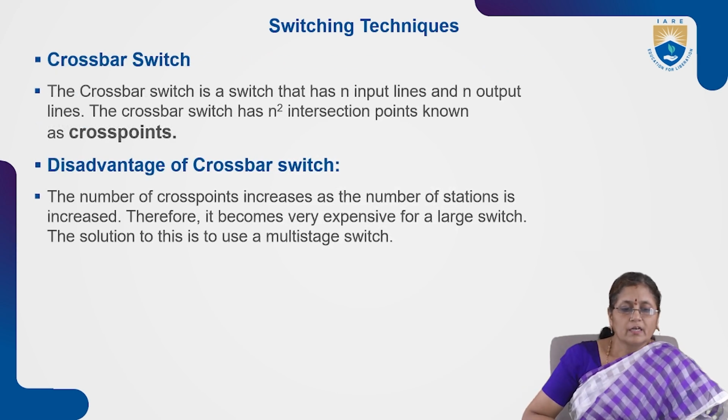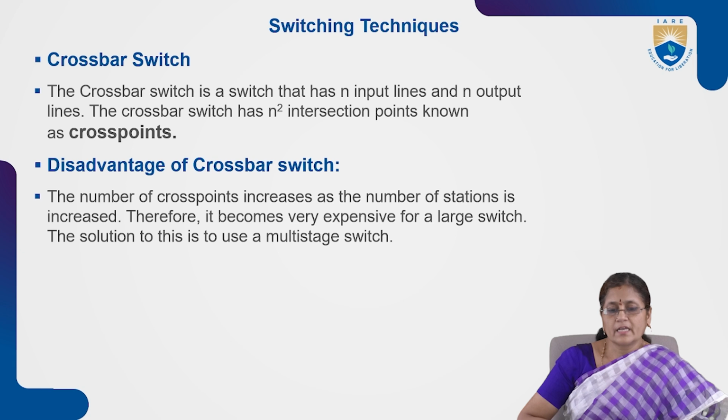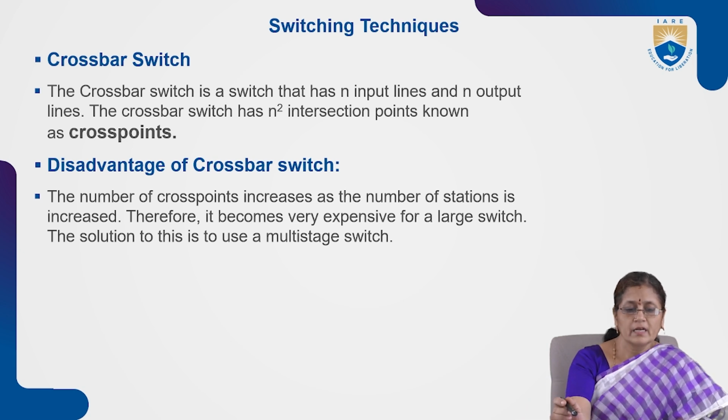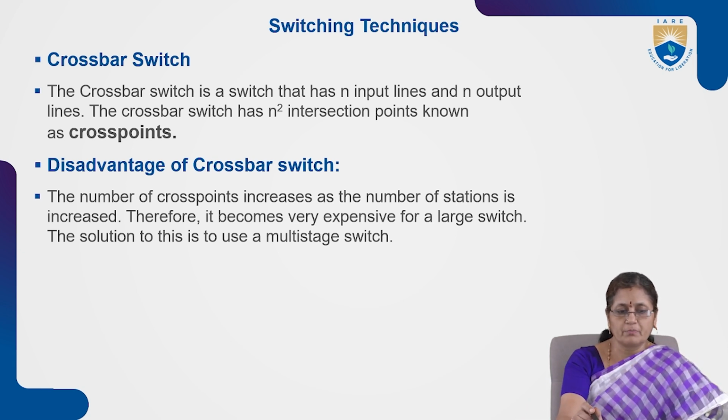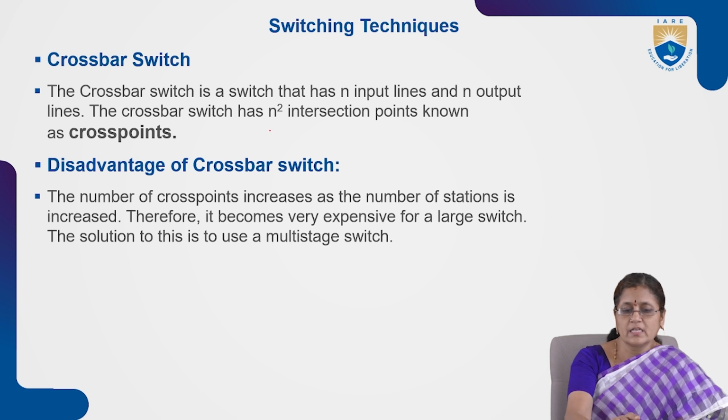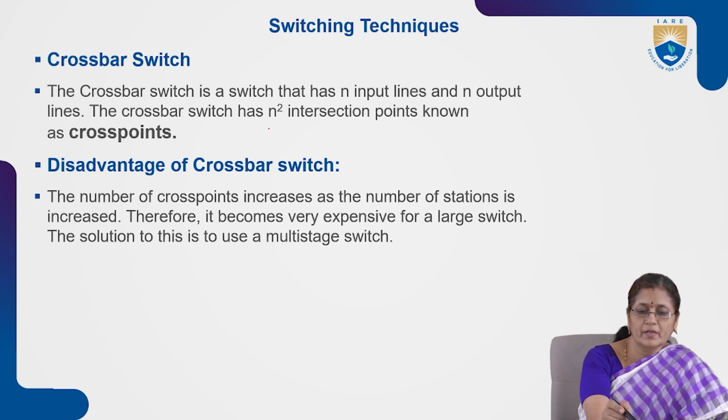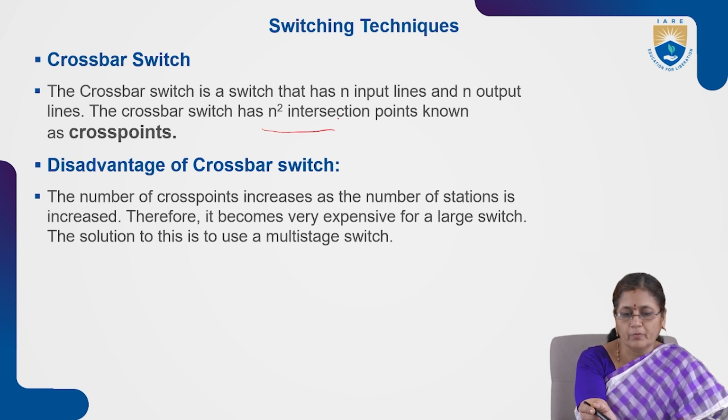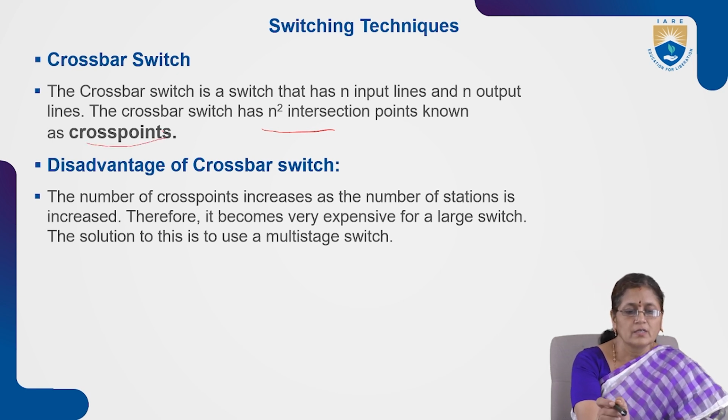Crossbar switch. The crossbar switch is a switch that has n input lines and n output lines. The crossbar switch has n square intersection points. How many? N square intersection points, and they are known as crosspoints, hence the name crossbar switch.